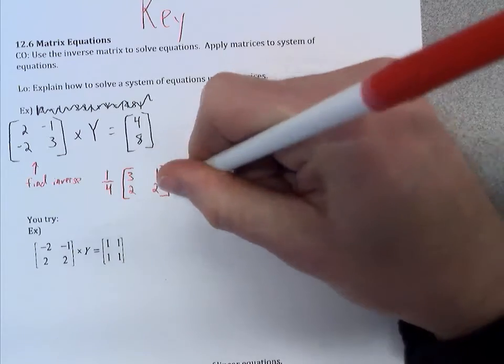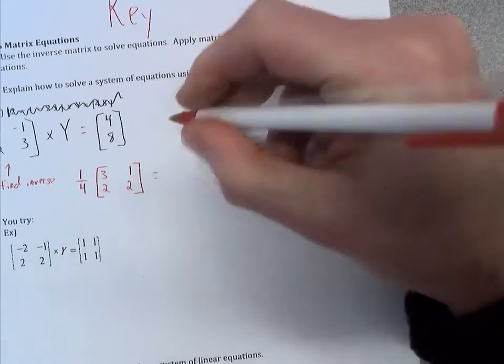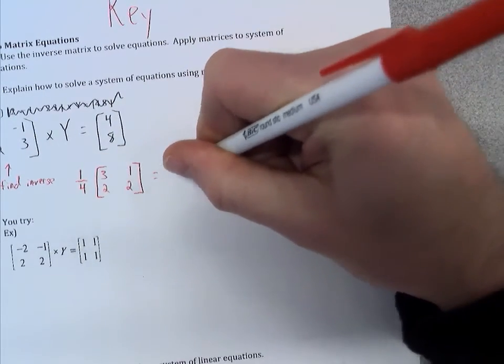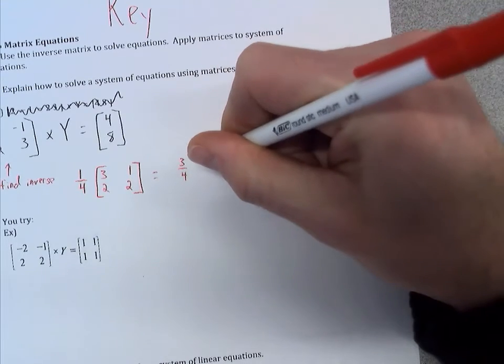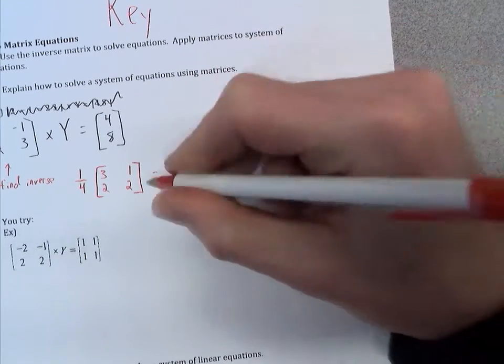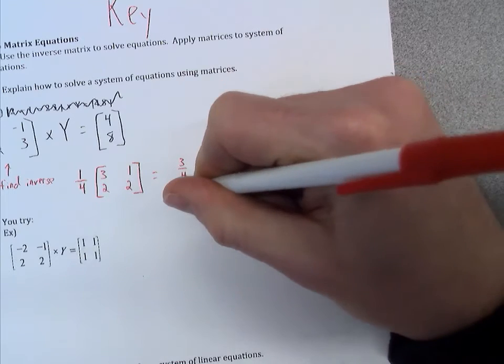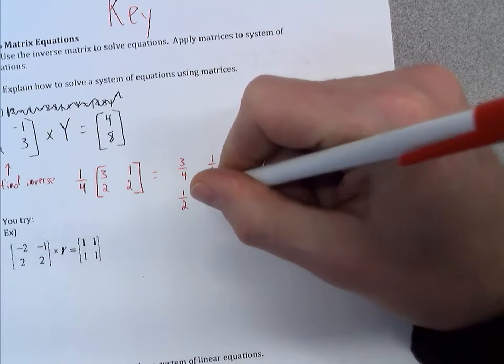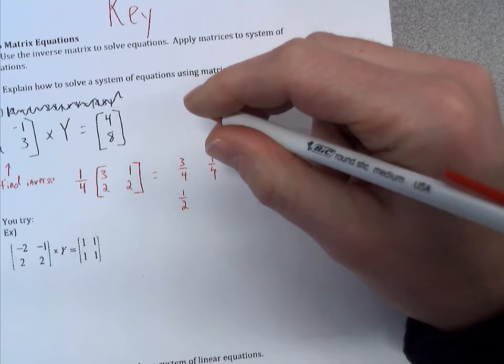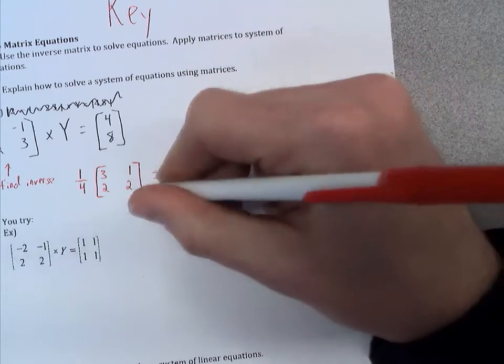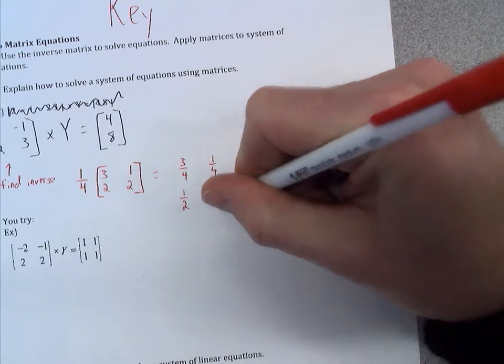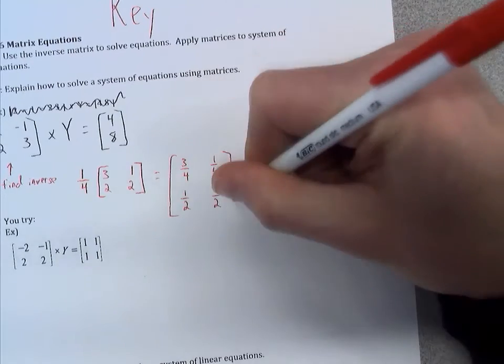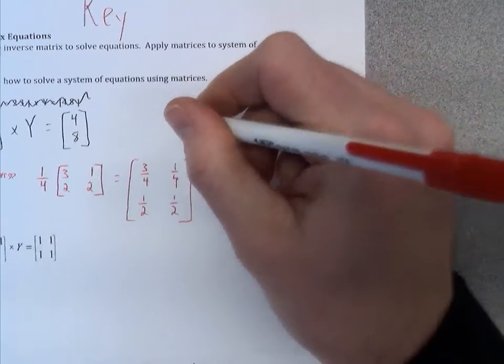And if I were to do that, that's going to give me 3 times 1/4. It's going to give me 3/4 and 1/4 and 2/4, which is 1/2. And let's see, and another 1/2. And this is my inverse.